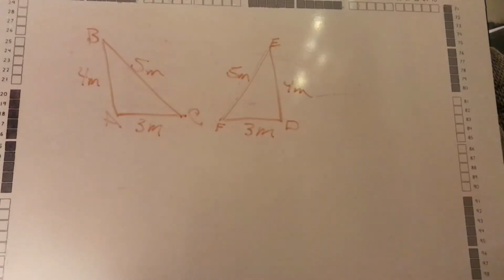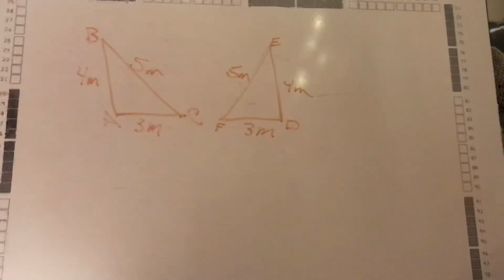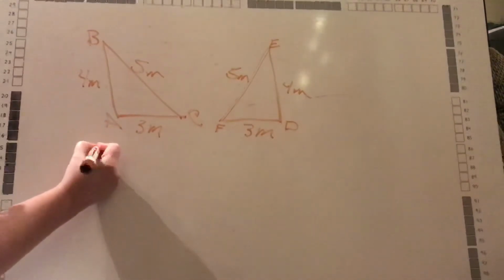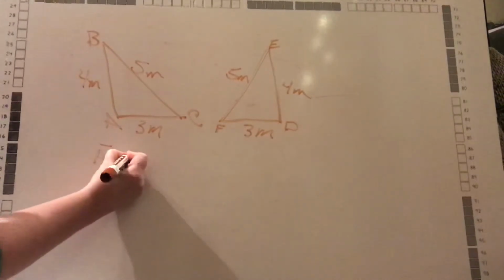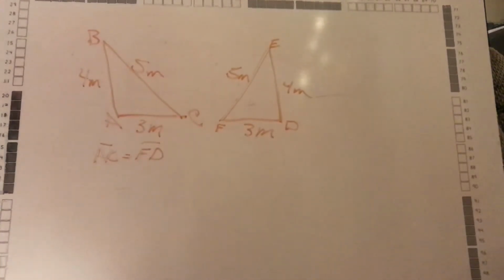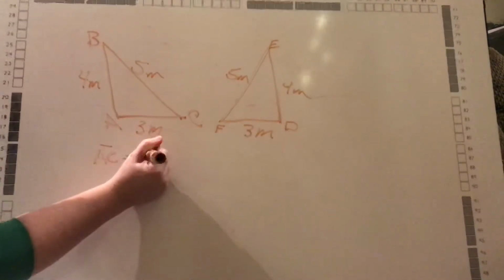But they're going to use something called a proof, or a list of reasons why it's congruent. So they're going to say, well, line AC is equal to DF. This is going to be important later.